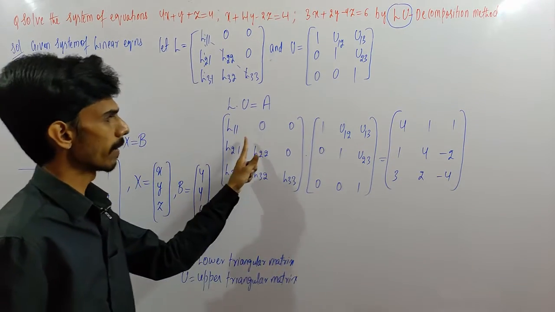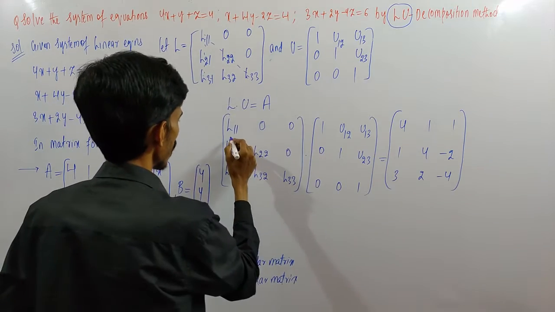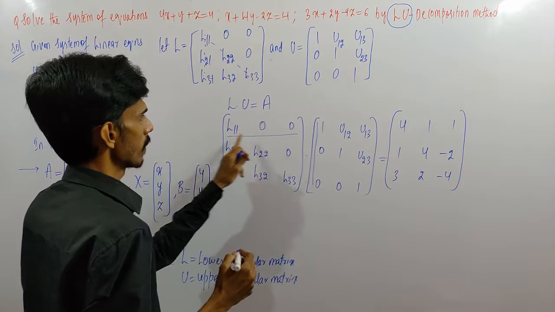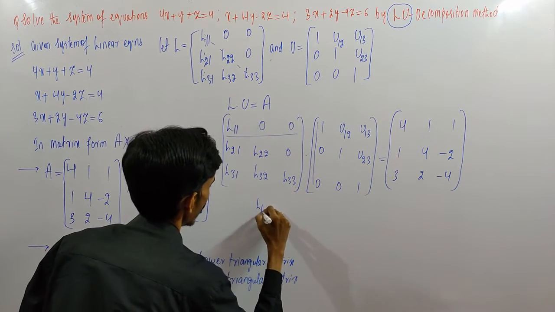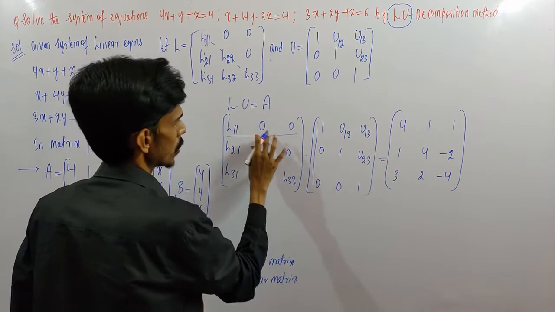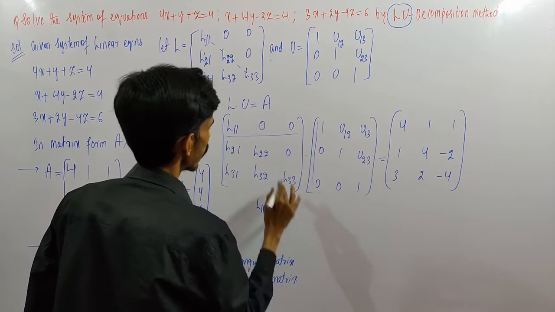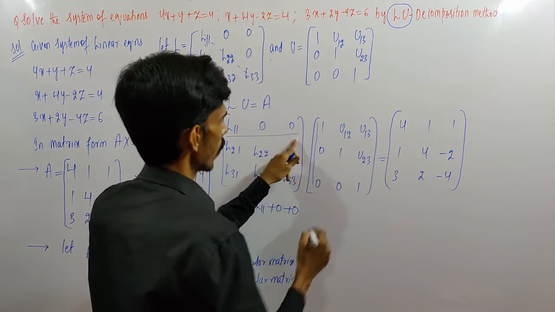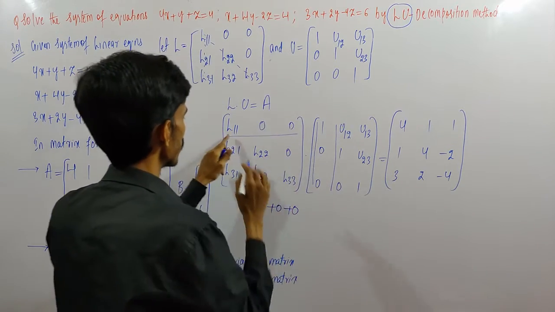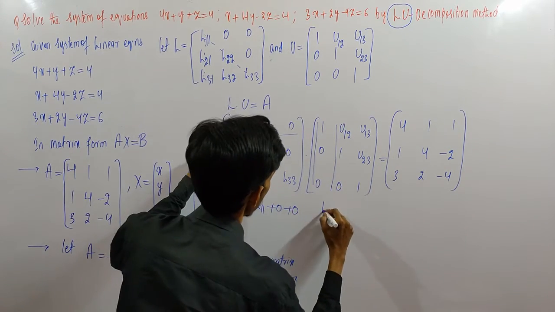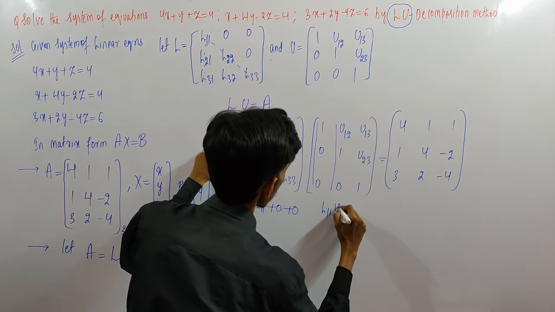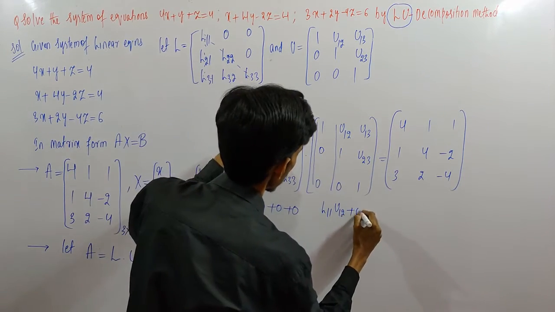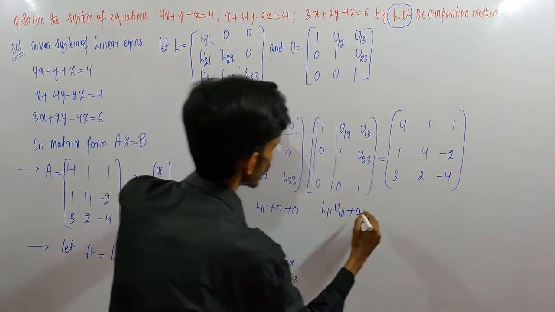Now we have matrix multiplication here. Multiply the first row with the first column. We have L11 into 1, L11. 0 into 0 is 0, 0 into 0 is 0. Next, first row with second column: L11 into U12. Next 0 into 1 is 0, 0 into 0 is 0.